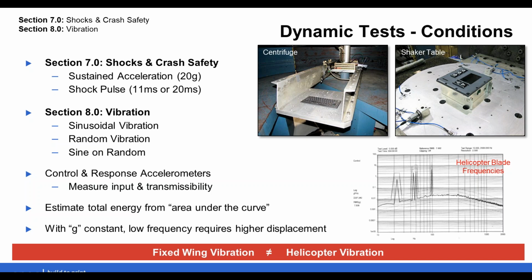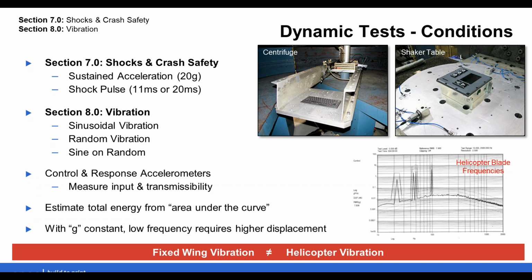in a centrifuge. In regards to our vibration tests here, the 3 main classes are your sine vibration, your random vibration, and sine on random, which simulates the ride of a helicopter.